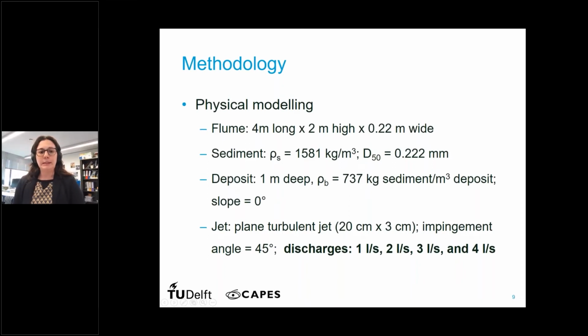Here, there are other characteristics of the model, but what I would like to highlight is that for these experiments that I will show, we used a slope equal to 0. The jet was positioned with an angle of 45 degrees, and we simulated discharges from 1 liter per second up to 4 liters per second.